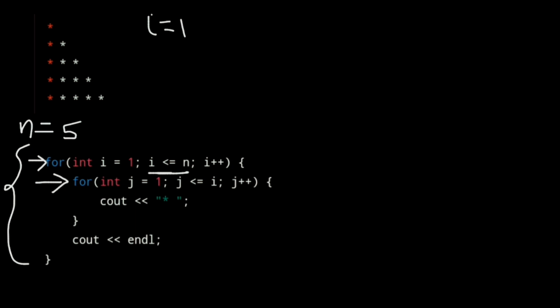This loop controls the number of stars, as I said, and here j is equal to 1. Here j is equal to 1 and j less than or equal to i. Here i is equal to 1, and 1 less than or equal to 1 is true, so the compiler goes to the next line and prints a star with a space.